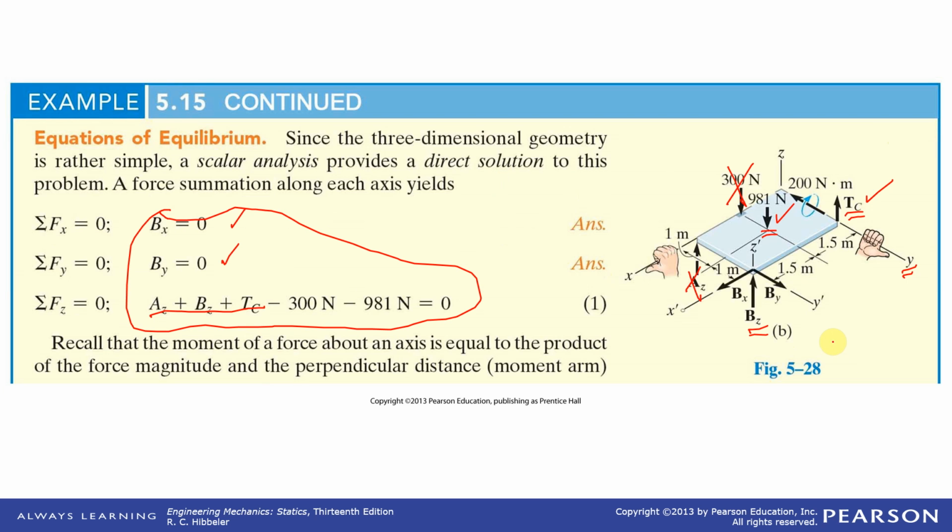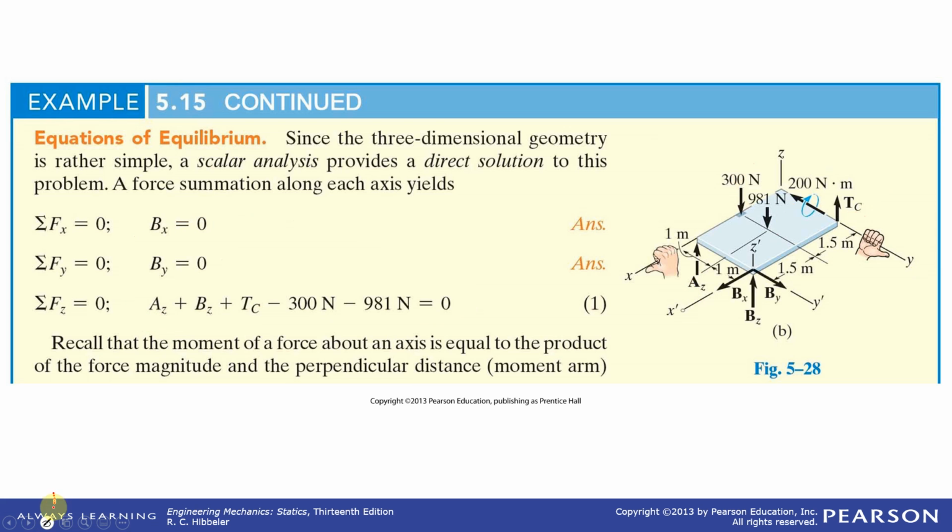Thinking about the moment about the y-axis, we're going to have the applied moment, 200. I'm going to clear things out a bit, by the way. Okay. So around the y-axis, negative 200 Newton meters, because it's going in the negative y direction.